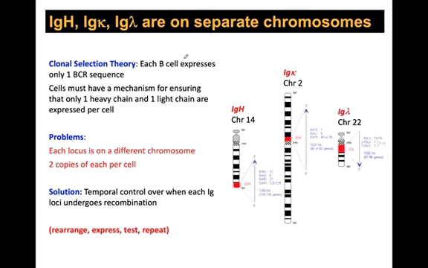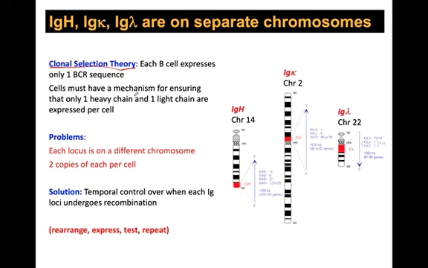And so in order for us to maintain the clonal selection theory that each B cell expresses one B cell receptor sequence, and during a response, only B cells that have the correct sequence will respond, you have to have some mechanism for ensuring that you have only one heavy chain or only one light chain per cell. And this is often called allelic exclusion. There are other terms for it.